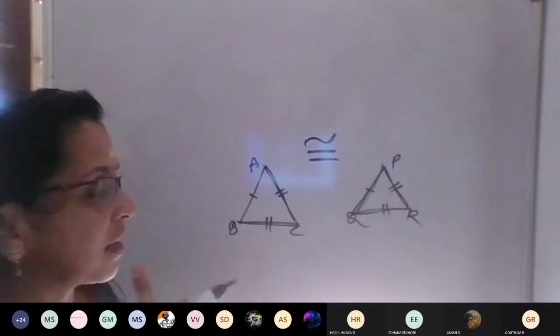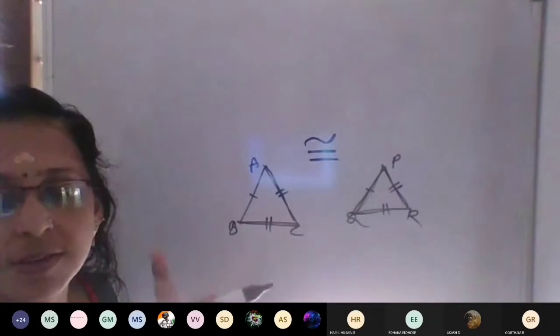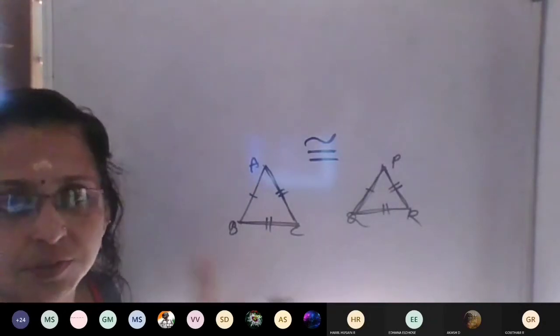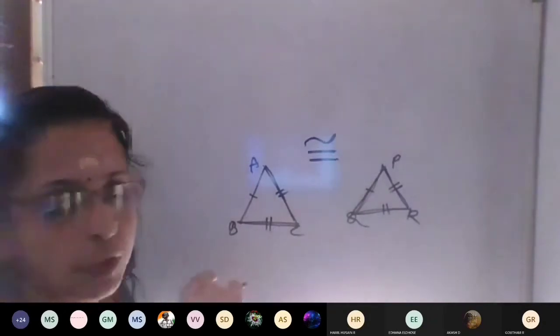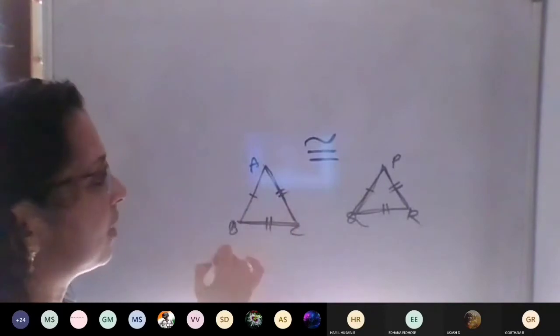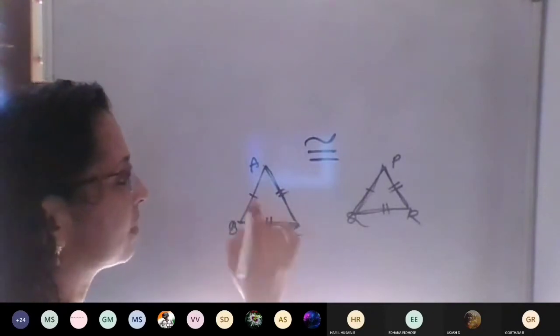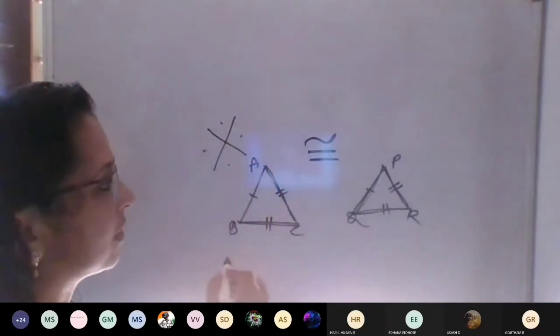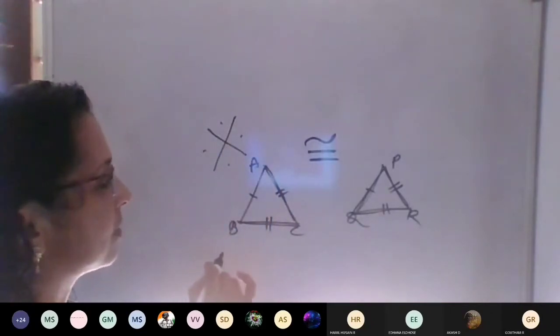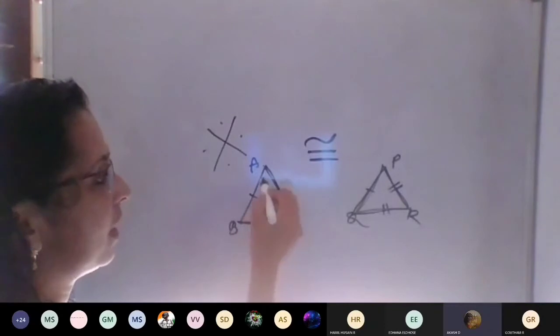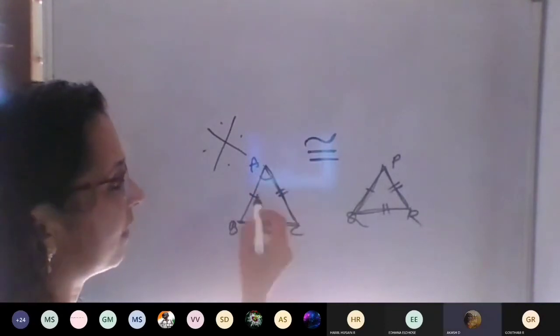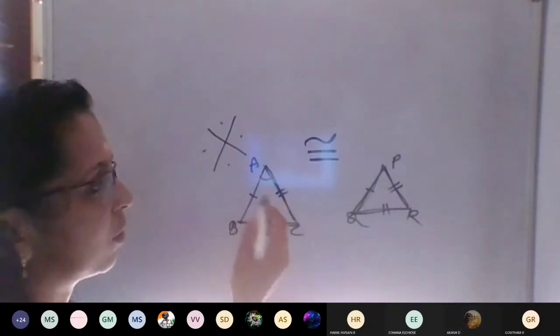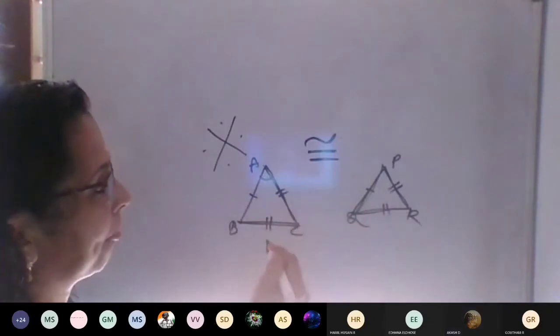Very important, mark and study corresponding sides and corresponding angles. Next year, there is a similarity chapter. There we need these corresponding sides and corresponding angles. So what about the corresponding angles? Tell me. Same as corresponding sides. Which are the corresponding angles? Angle A is corresponding to which one?